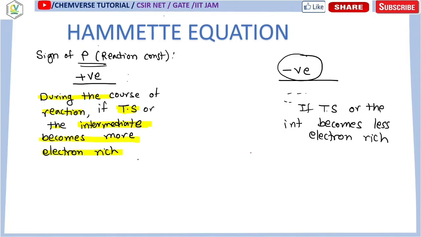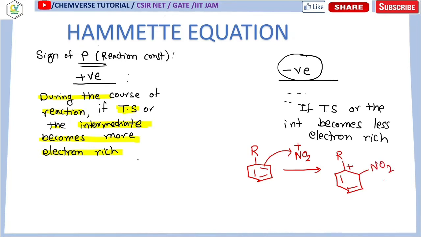Suppose I am just taking some aromatic system, and over here the electrophile is NO2 plus. The first step is this one, so it is forming a positive charge over here and accepting the electrophile.